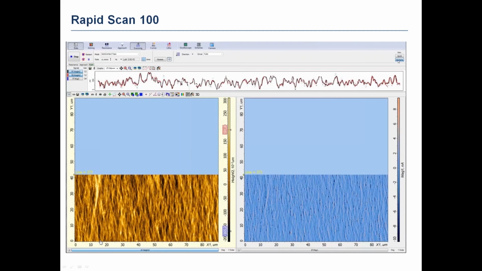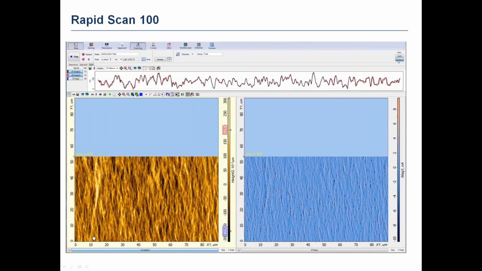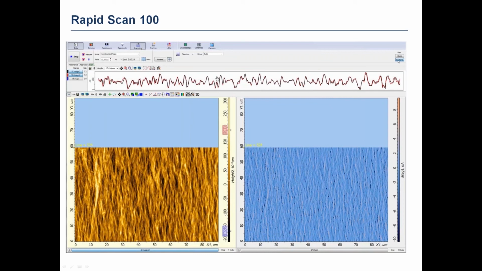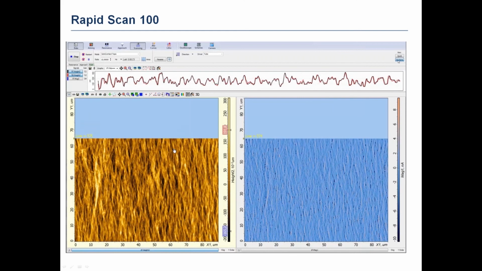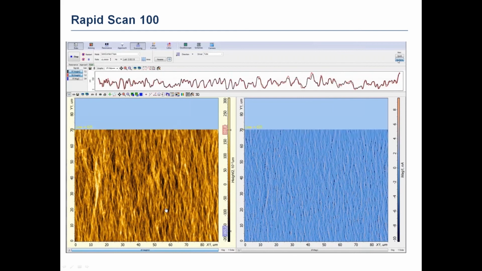Here it is 1000 by 1000, in each direction. The forward and backward lines shown in the cross section are quite correlated. We can see that we are able to do this kind of scan even on very rough samples.